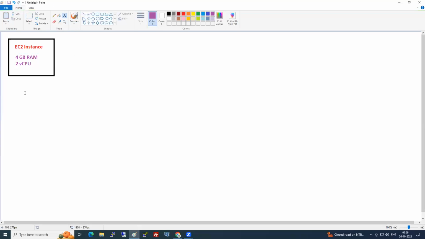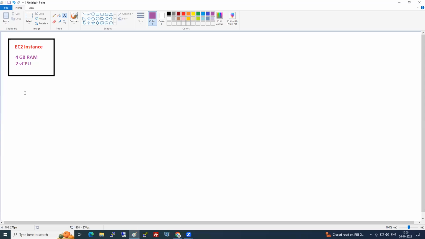You got a requirement, listen carefully, and you launched one EC2 instance with 4 GB RAM, and you went home. At night, your customers started accessing that EC2 instance, and you got so much load on it. What will happen to the EC2 instance? You will have problems.